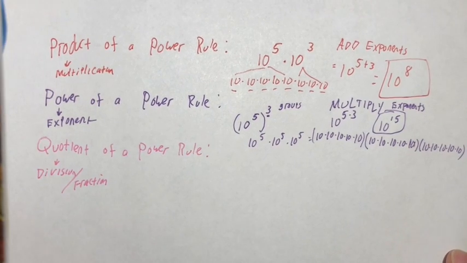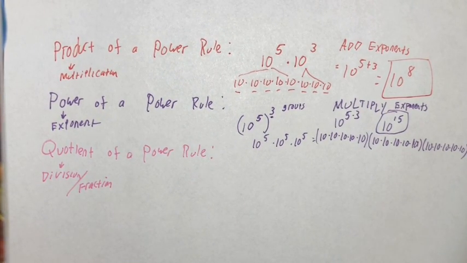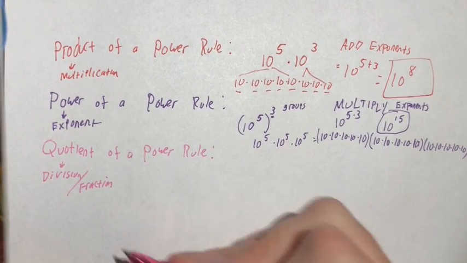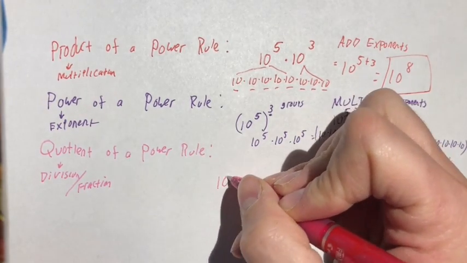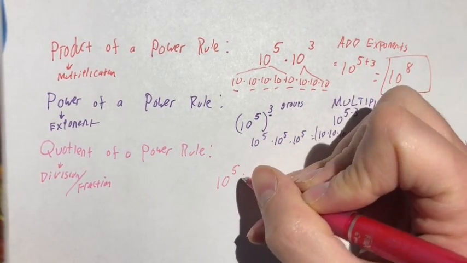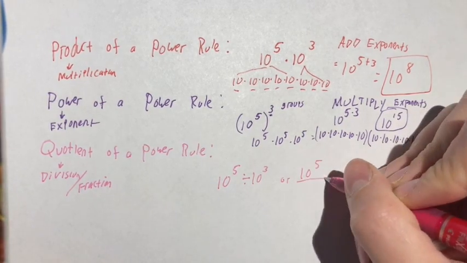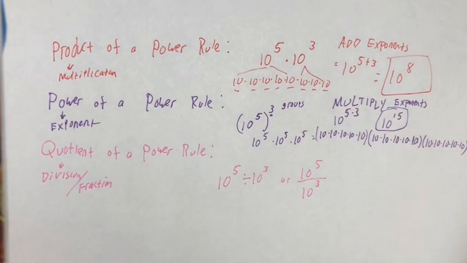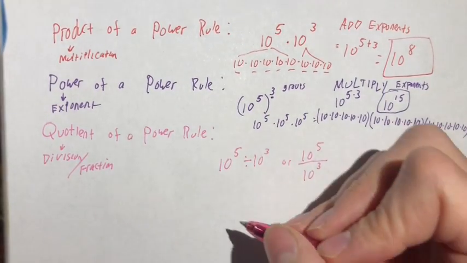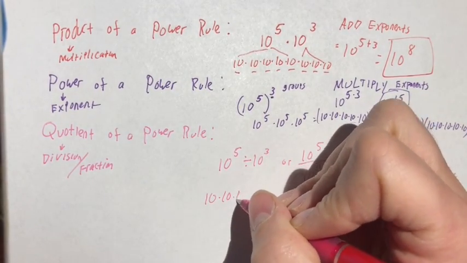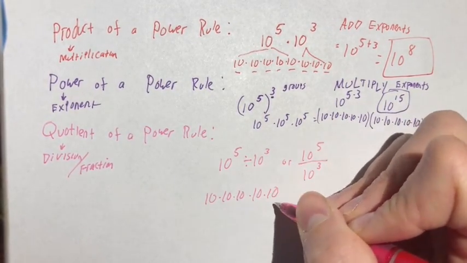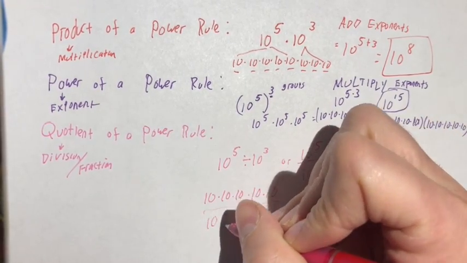Okay, so there's that. Now I'm going to do my quotient rule. So I'm going to divide. So now I'm going to do 10 to the 5th divided by 10 cubed, or 10 to the 5th over 10 cubed. And I'll put it in expanded form. So we got 10 times 10 times 10 times 10 times 10 divided by 10 times 10 times 10.